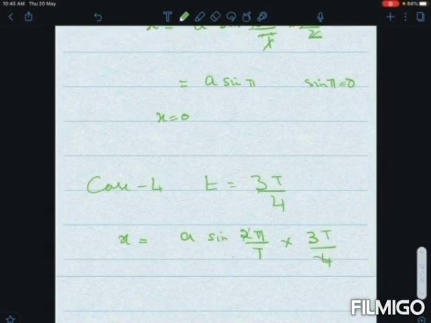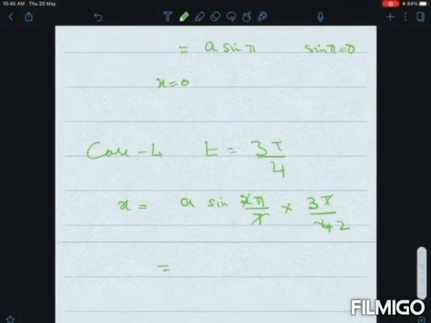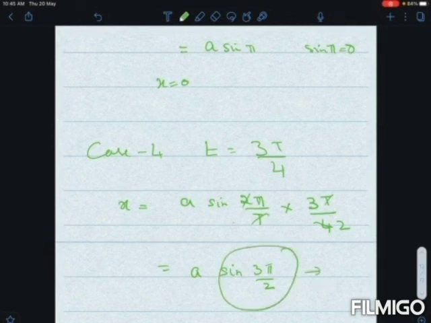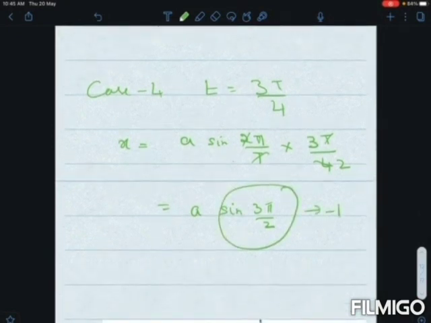So the 2 and 4 get cancelled, giving 3 by 2 pi. Sine 3 pi by 2 is nothing but minus 1. So your amplitude is x is equal to minus A.